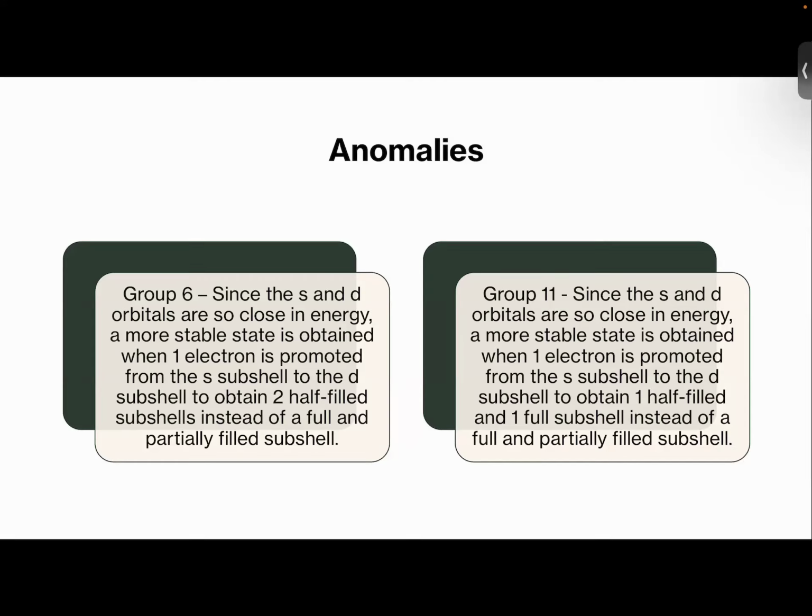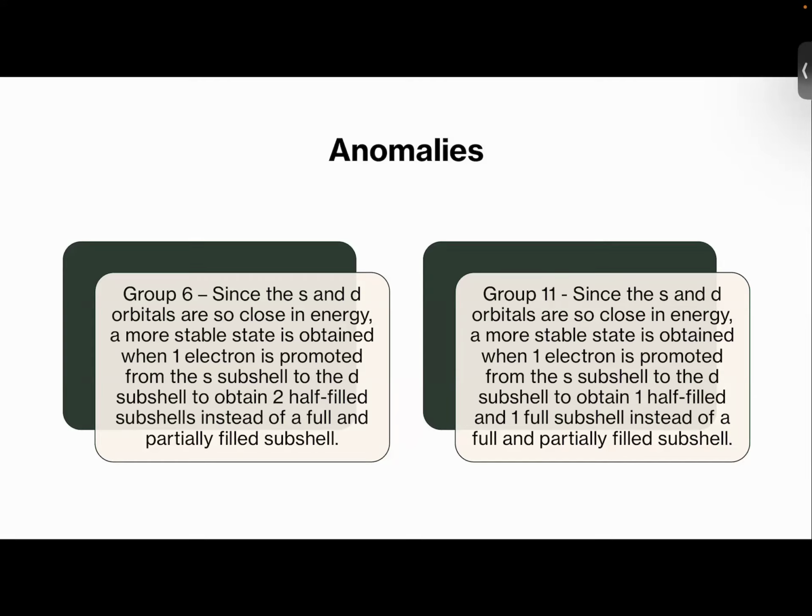This promotion occurs to obtain a degree of stability, because two half-filled shells, or a half-filled and a full shell, are more stable than a full shell and a partially filled shell.